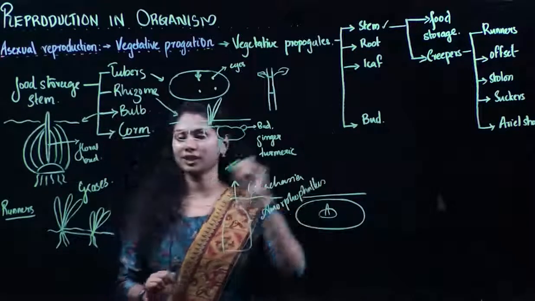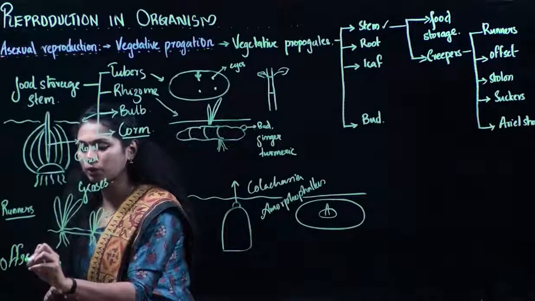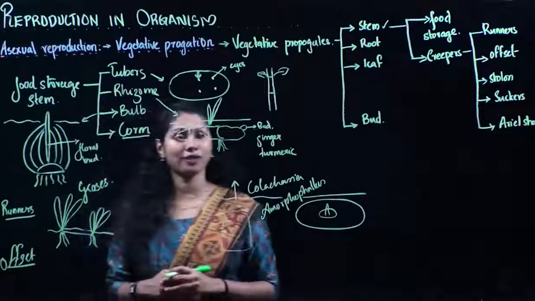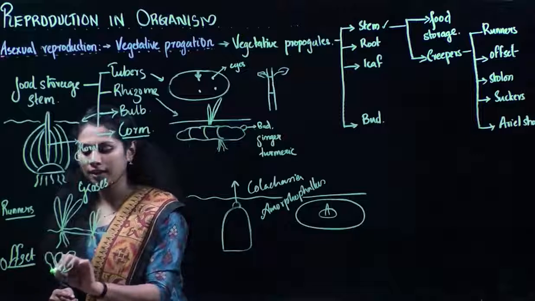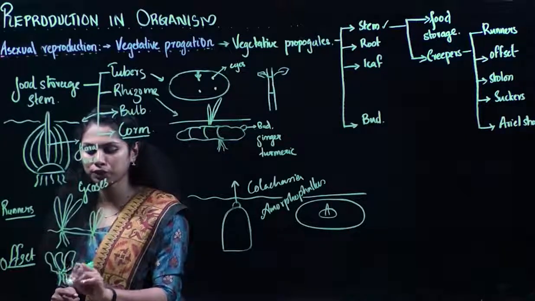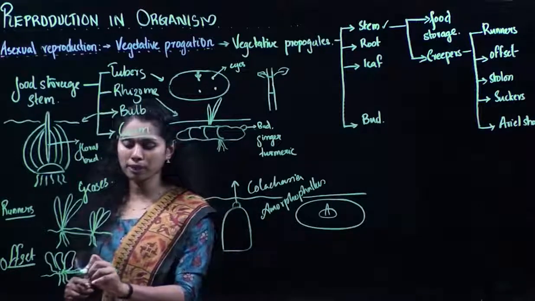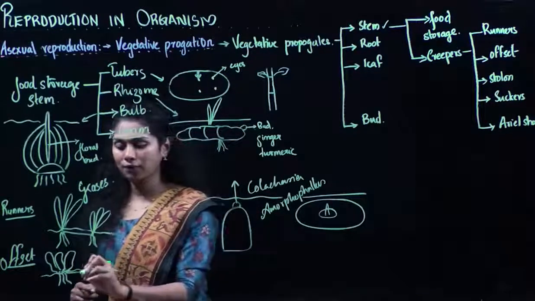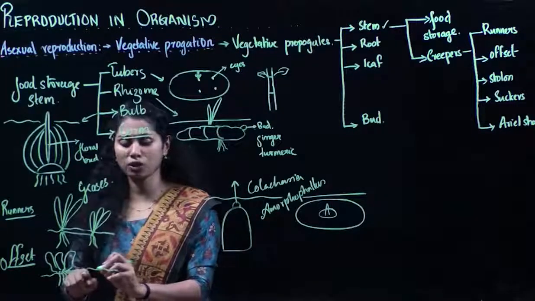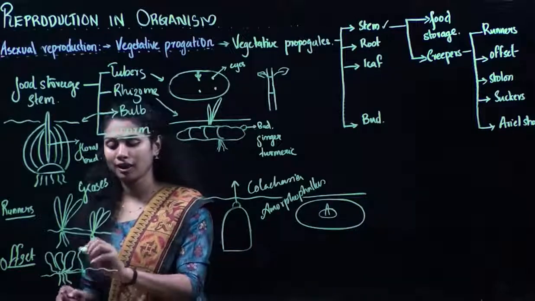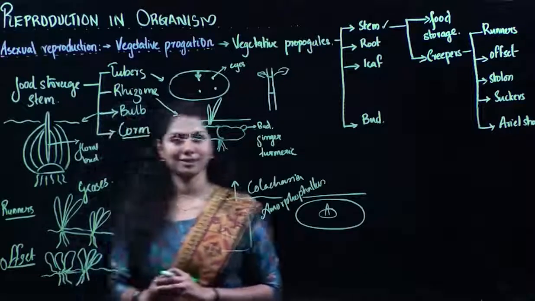Let's check what offset is. Offsets are almost similar to runners, except that they are seen in water plants like water hyacinth, where a tuft of leaf and tuft of shoot root will be seen in the water plant, and a horizontal branch will rise, and from the very short internode and the very short node that comes first, a new tuft of leaf and tuft of shoot root will rise.